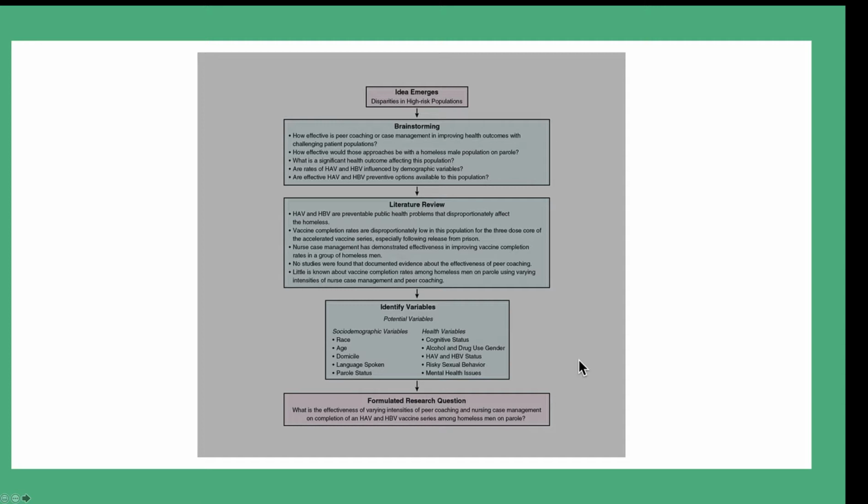You obviously don't have time to do the brainstorming, the literature review, identify the variables and everything in 1 week. So you're going to do a little bit of brainstorming and then you're going to do a first draft. And know that as the semester proceeds, you will revisit this and you'll probably edit it and change it, as most of us do when we're doing research.